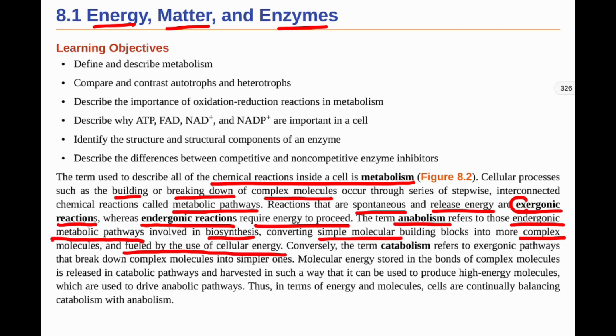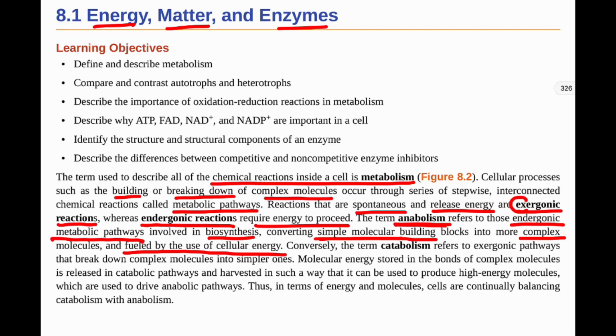We're taking simple molecular building blocks, for example amino acids, and building them into more complex molecules like proteins. That is called anabolism, and that requires energy. So anabolism is taking smaller pieces and making bigger pieces, and when we do that, that requires energy to be put into that system. It requires energy to take one amino acid and connect it to another amino acid to make the chain of amino acids that will fold up to become a protein.